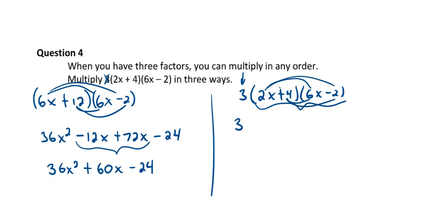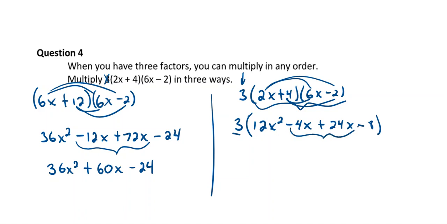Okay, so 2x times 6x is going to be, so this will all be in brackets too, right? Because it's going to be 3 times all of it in the end. So 2x times 6x would be 12x squared. 2x times negative 2 is going to be negative 4x. 4 times 6 is 24x. And then 4 times negative 2 is negative 8. Okay, so now that I have that all written out, well, you know what?